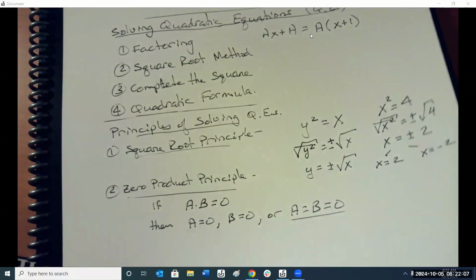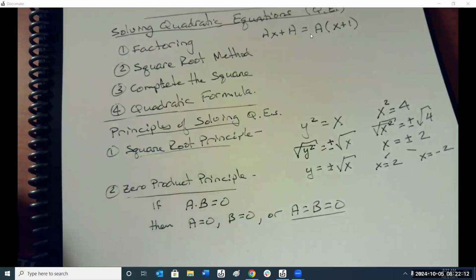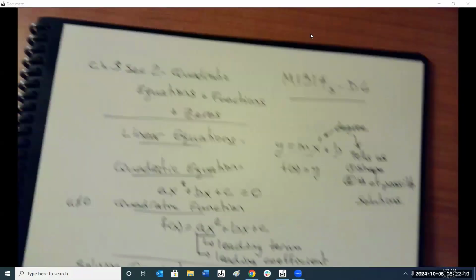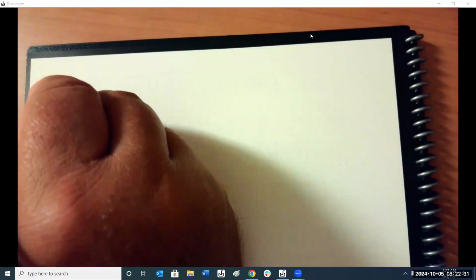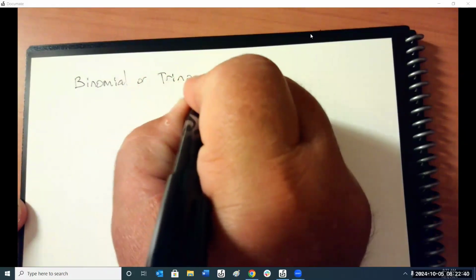So let's start looking at different types of quadratic equations we have, because a quadratic equation can be a binomial or trinomial.